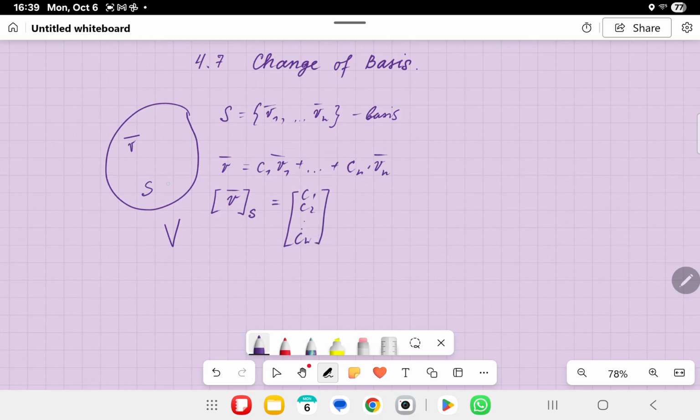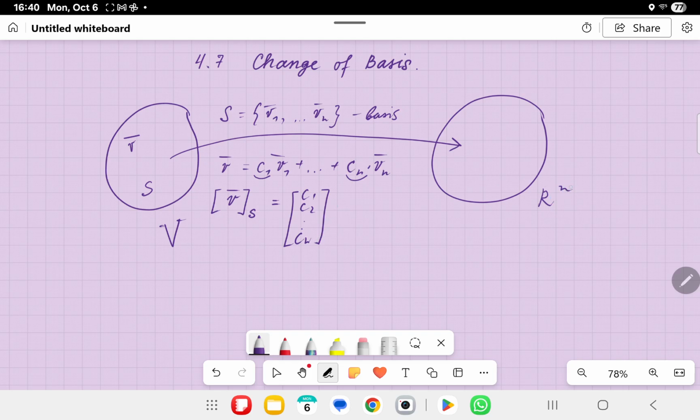So basically, if you find the coefficients of the linear combination in a basis representation of vector V, it's going to make a mapping from our original vector space V into Rn.